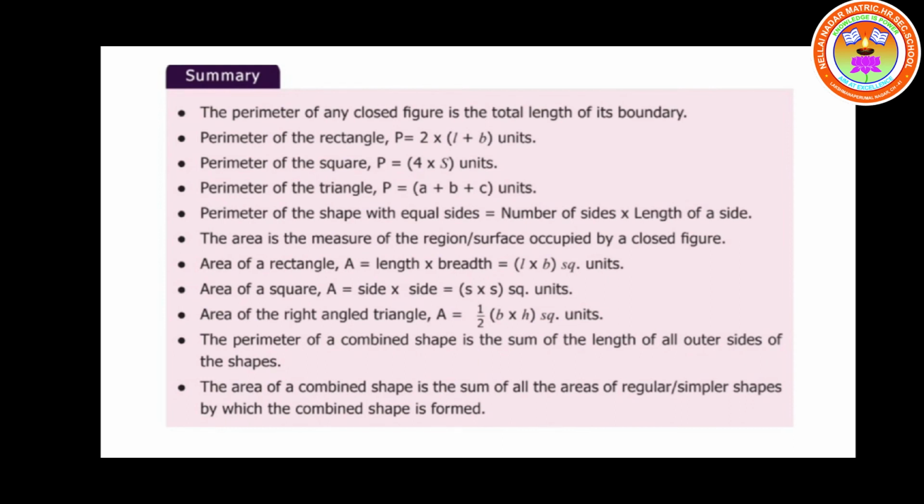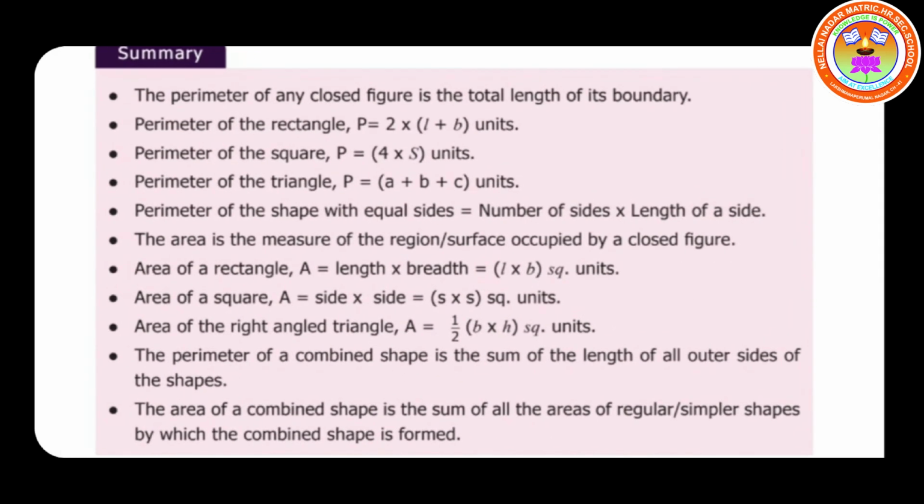Next, the perimeter of the square P is equal to 4 into S units. The perimeter of the triangle P is equal to A plus B plus C units. So far we have learned the perimeter of a rectangle, square and triangle. Next, the perimeter of a shape with equal sides is equal to the number of sides into the length of a side.